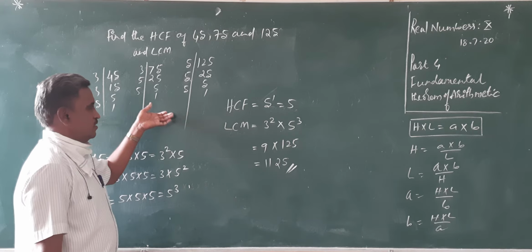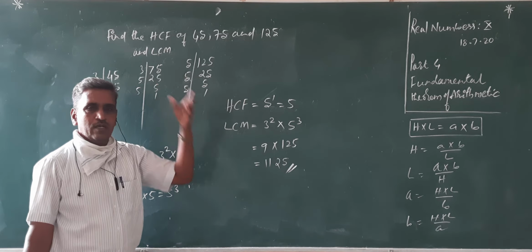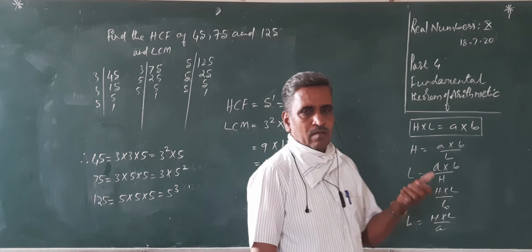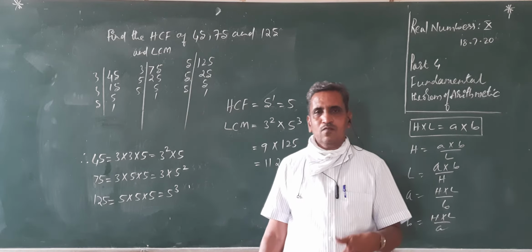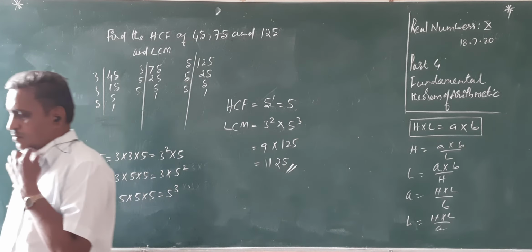To find the HCF and LCM, this fundamental theorem helps to write the given composite number as a product of prime numbers. With the help of prime factorization, you can easily find the HCF and LCM.